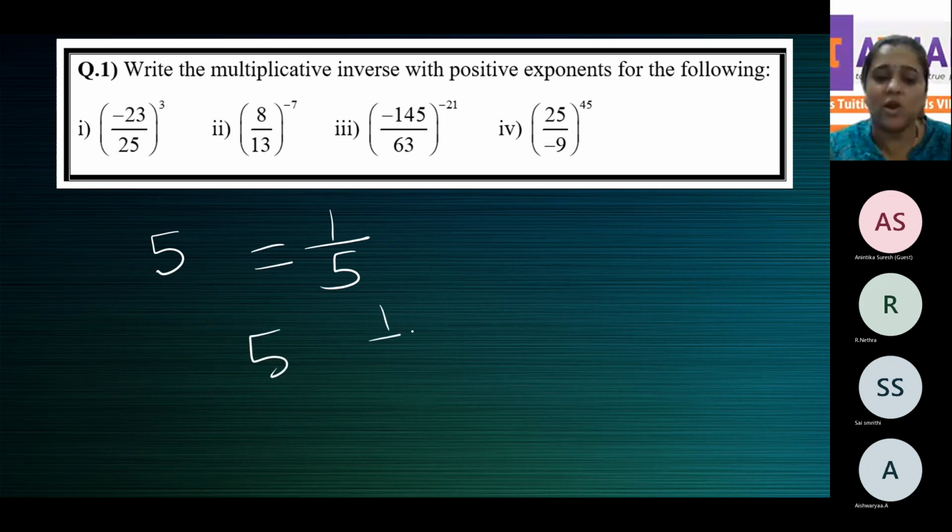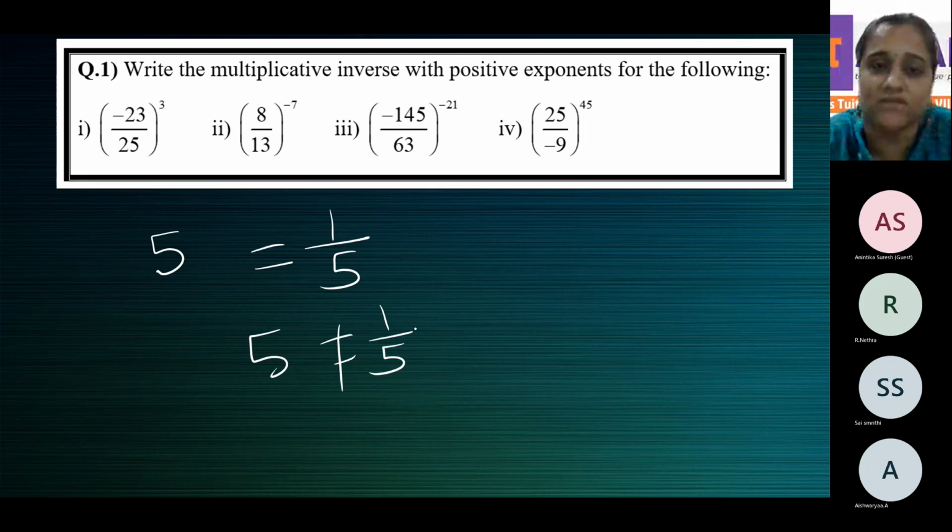They are not equal. 5 is the reciprocal of 1 by 5 and 1 by 5 is the reciprocal of 5. Similarly, the reciprocal of an exponential expression is not equal to it. They're totally different.